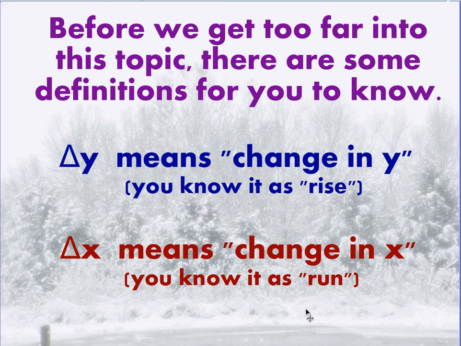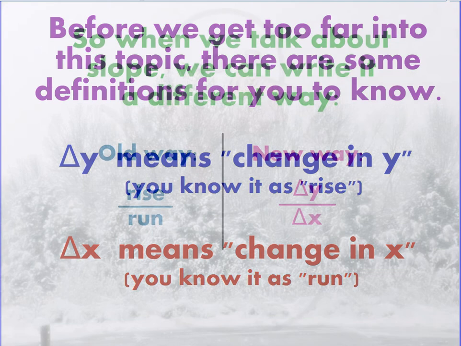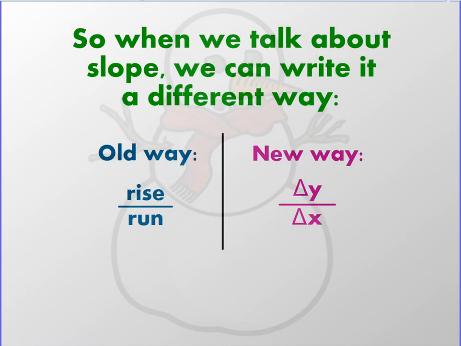And since x is our horizontal axis, we've always called it run. So now we have different ways to talk about slope. We can define it as rise over run, delta y over delta x, or change in y over change in x. And it's all the same value.